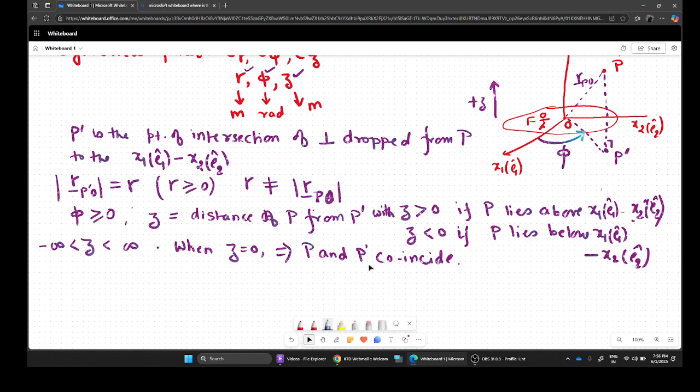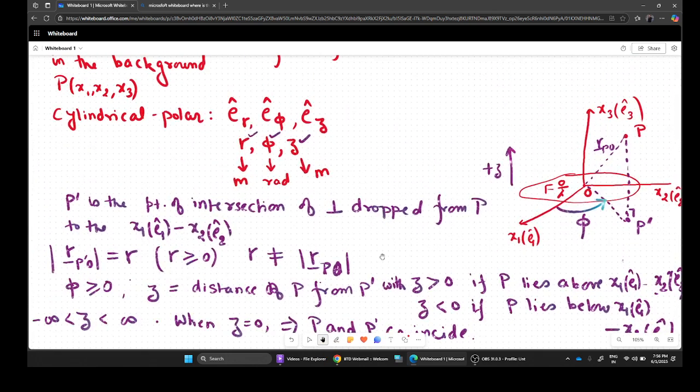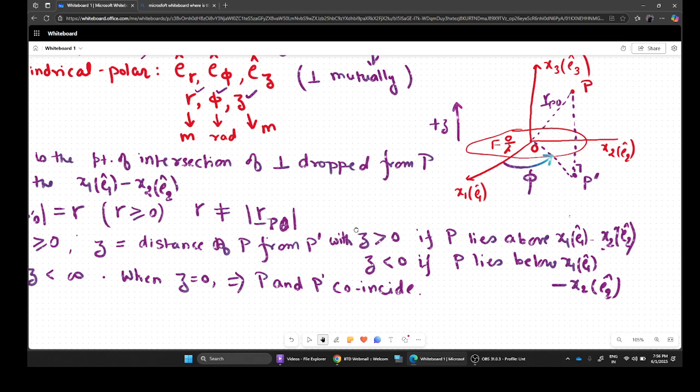Now the next question is, what are the three unit vectors, native unit vectors of our cylindrical polar coordinate system? These are mutually perpendicular. So in that way, the cylindrical polar coordinate system is also an orthogonal coordinate system. How are these unit vectors defined?